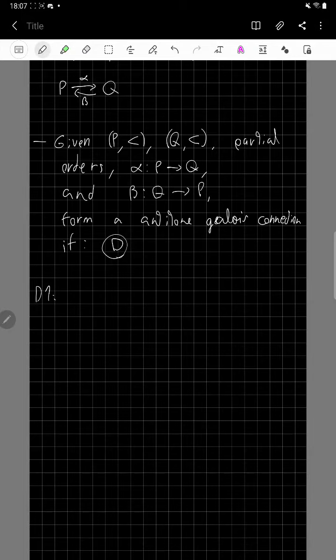Sorry, let's be clear. So what's going to be the Galois connection?